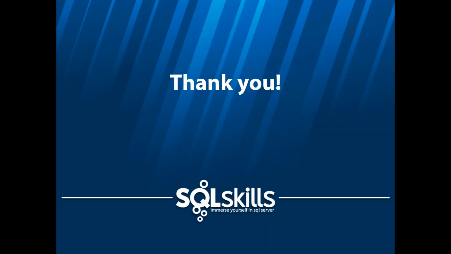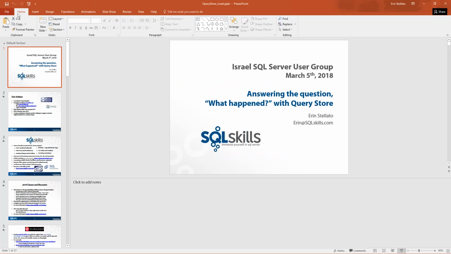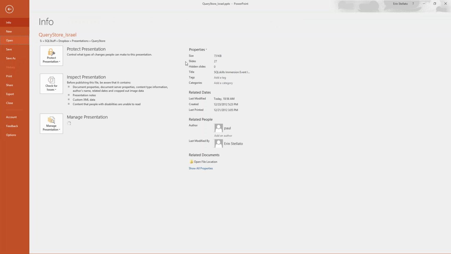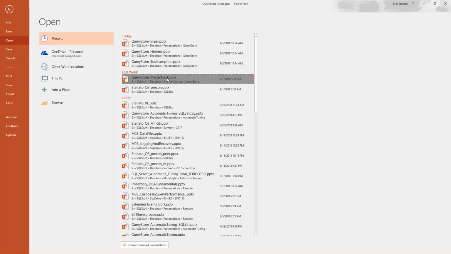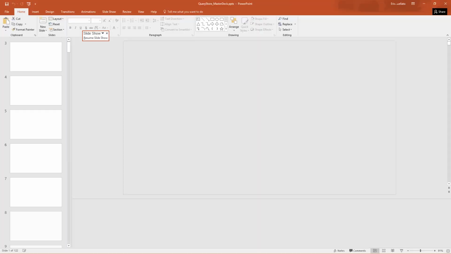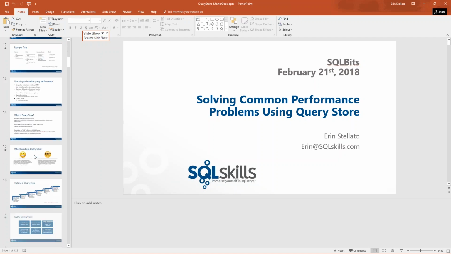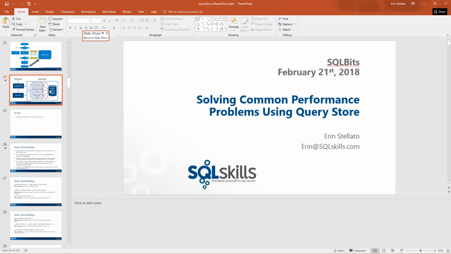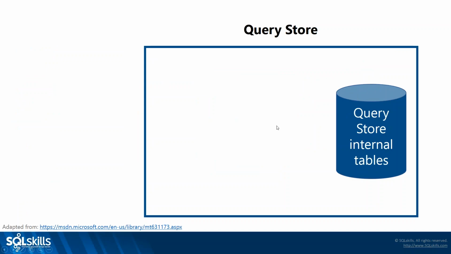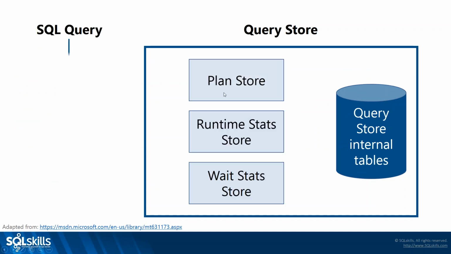Good question. Let me pull up another slide deck that has a visual that will explain that in a little bit more detail. So here are those internal tables within the Query Store database.